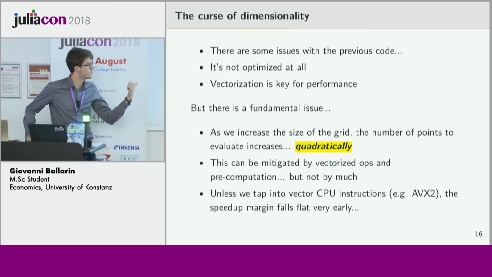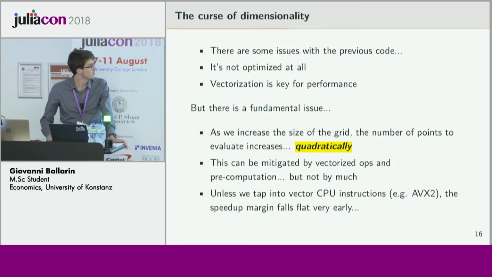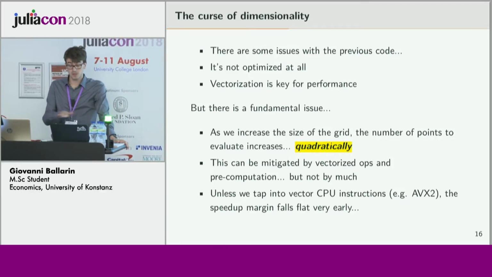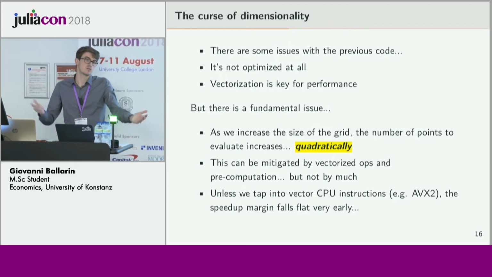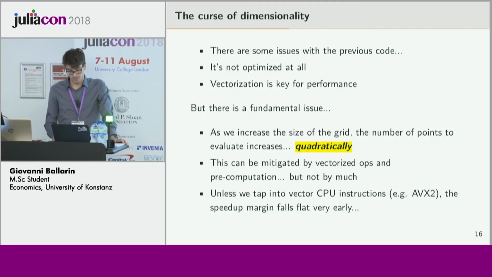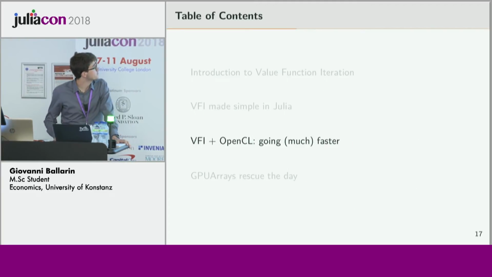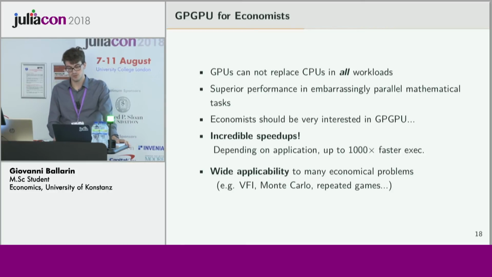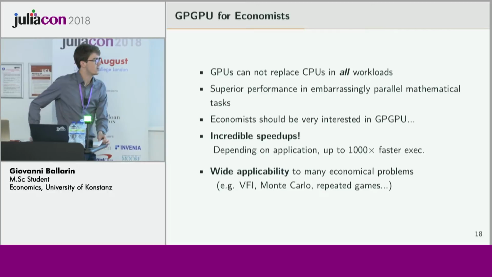Of course, if you do this, you're going to get much nicer returns on the investment of optimizing. But the speedup falls flat very early on because of the combinatorial nature of the problem. So let's turn to something else that works for graphics.